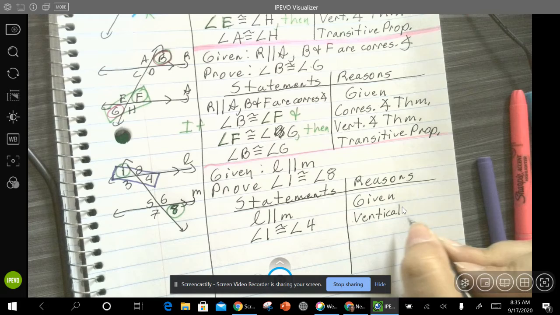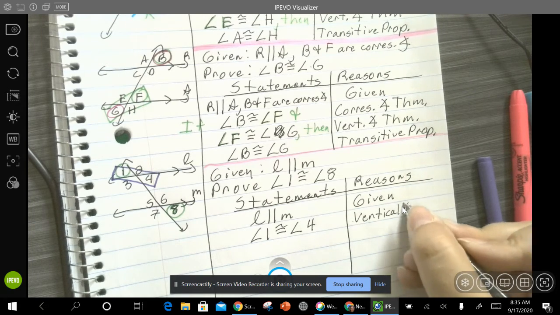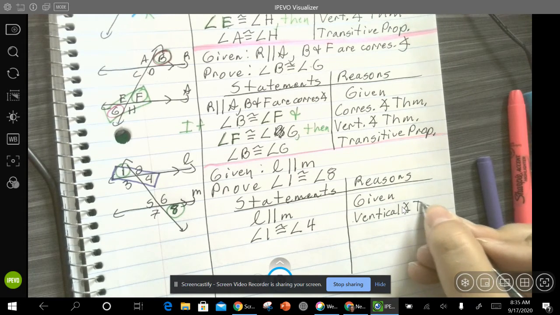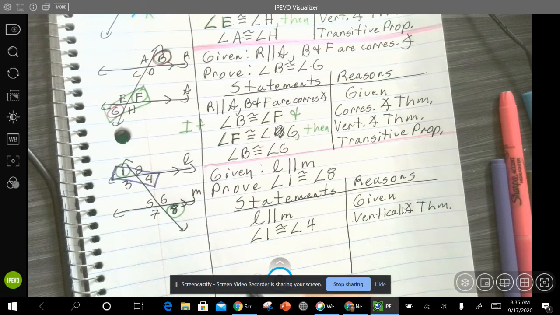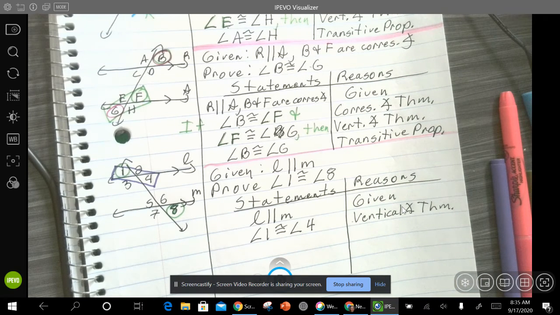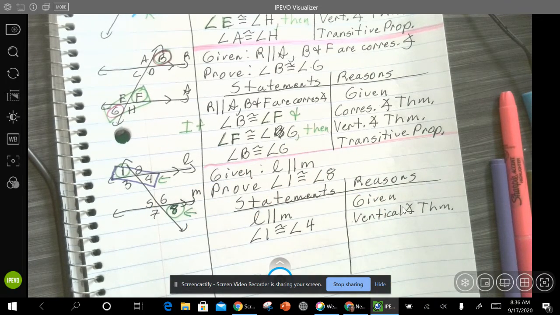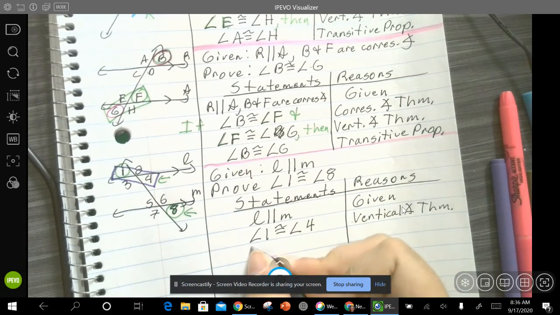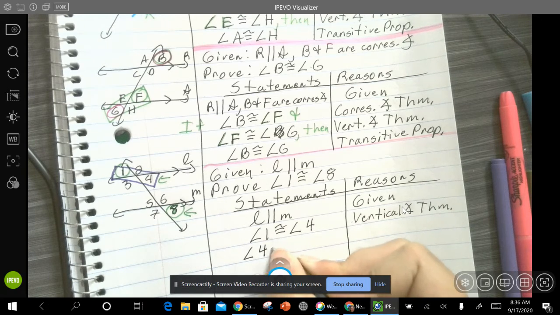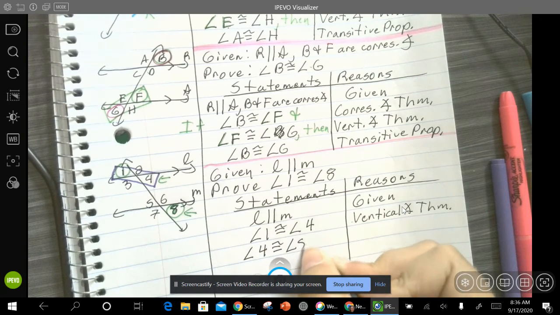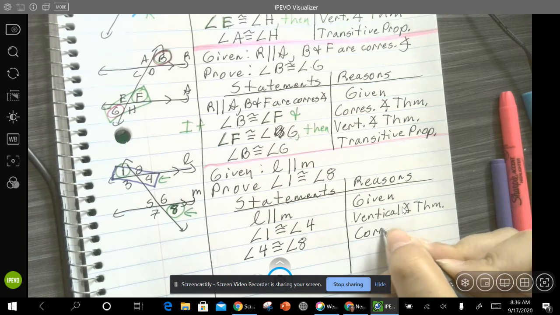So we know that they're congruent to each other by our vertical angles congruence theorem. Okay, so since we know that those are congruent, we know that angle 4 and angle 8 are congruent because they are corresponding angles. So angle 4 is congruent to angle 8 by our corresponding angles theorem.